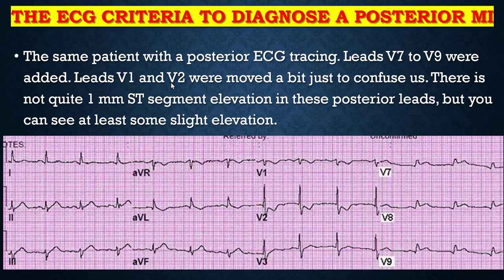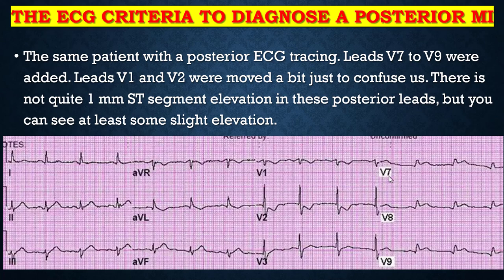The same patient with a posterior ECG tracing, where leads V7 to V9 were added. There is not quite 1 mm ST segment elevation in these posterior leads, but you can see at least some slight elevation.